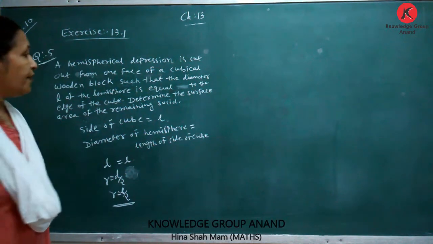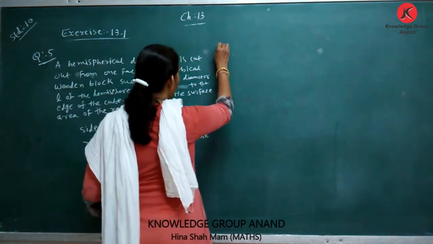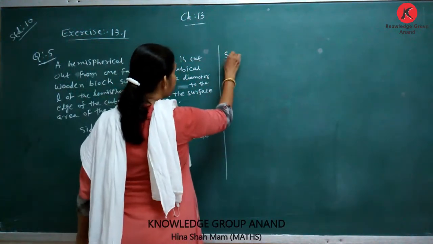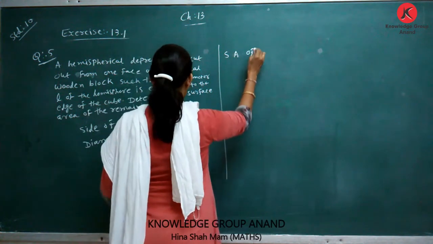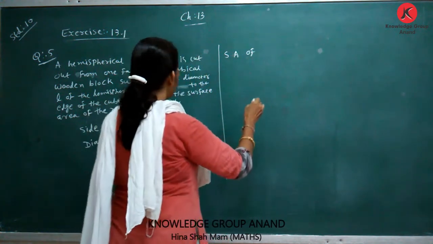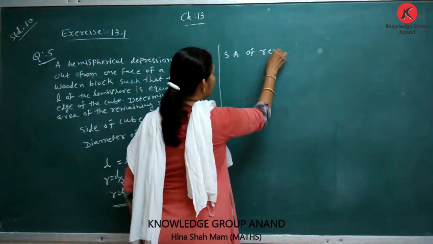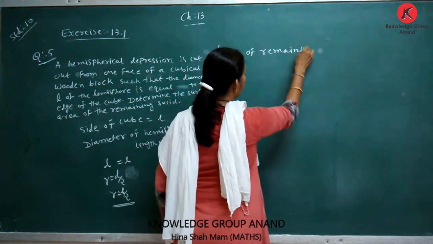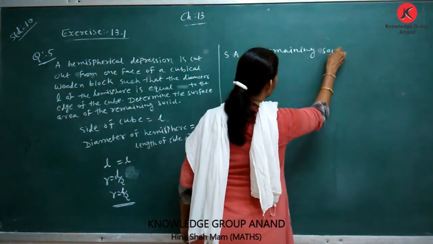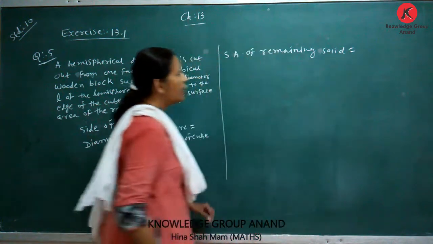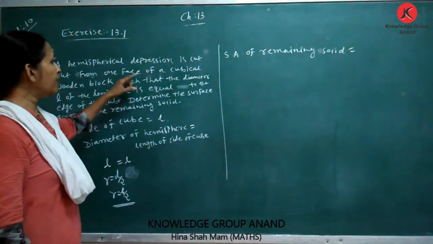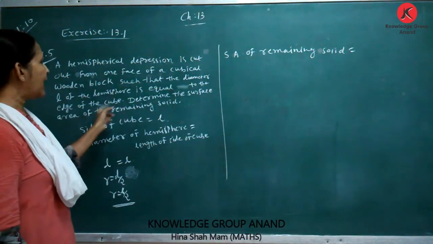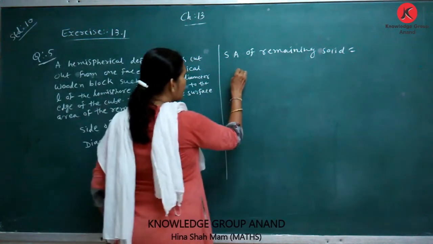Now, surface area of remaining solid is equal to, which two shapes are combined? Cube and hemisphere.